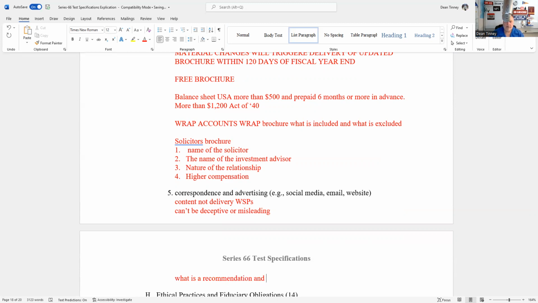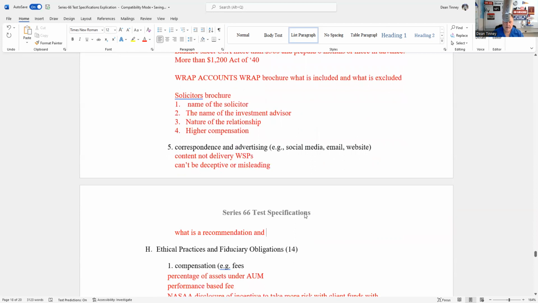And again, this says Series 66 test specifications. I'm going to put it in the 65 playlist because it's the exact same test specification. The only difference is that on the 66, you get 10 questions in this category. And on your 65, you get 11 questions in this category. So that is the only distinction. So I hope I'm making that clear.